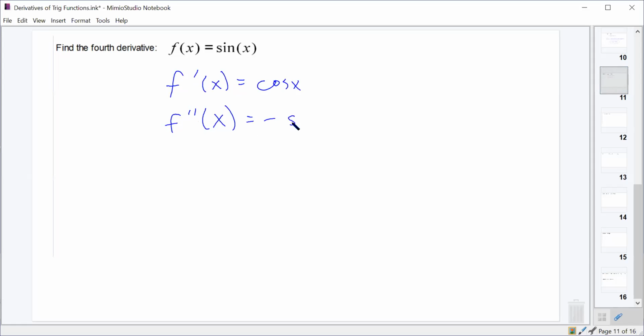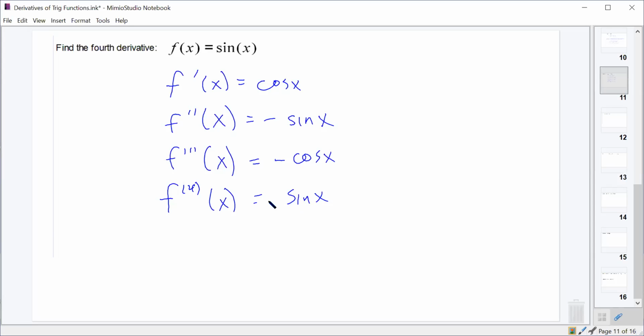Negative sine. What's our third derivative? Negative cosine, right? That negative is just a constant out in front, so just take the derivative of sine and apply the negative. And what about the fourth derivative? Sine. Should go right back to sine, right?